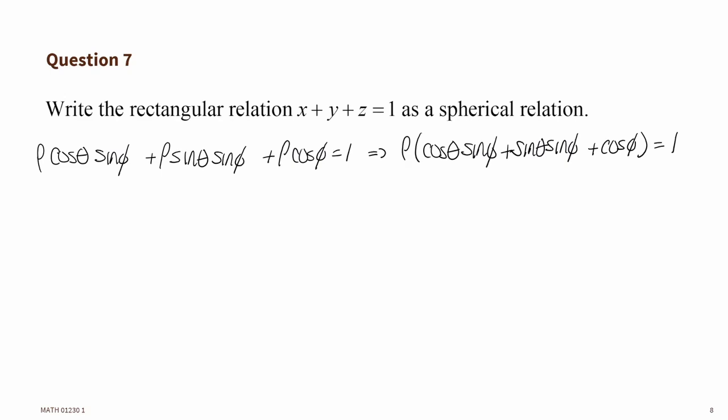Technically, there's an identity we could use, but it does not benefit us. And you could use product to sum identities on the first two terms. Unfortunately, you're not going to get anything to cancel out. You're not going to get anything simpler. So, no. That's as simple as it's going to get.